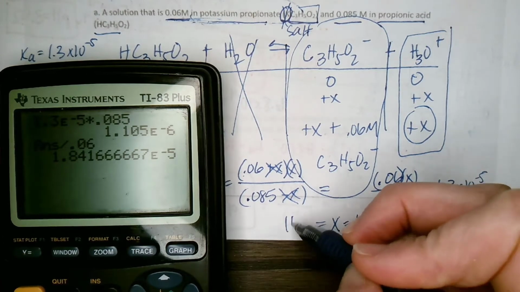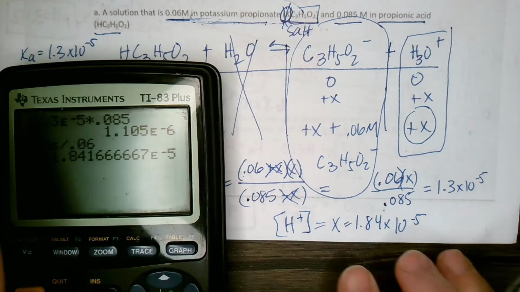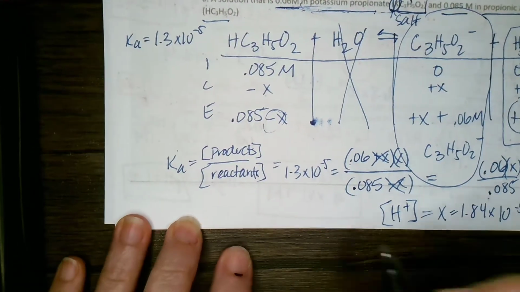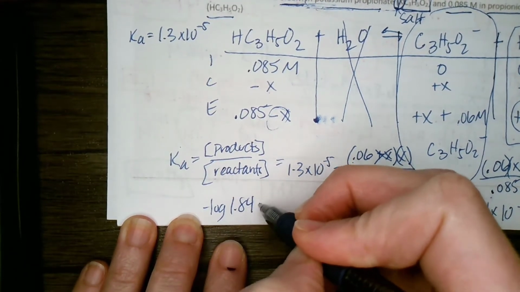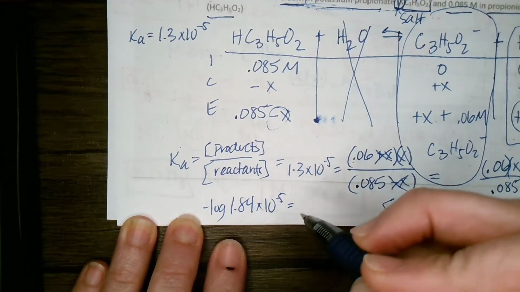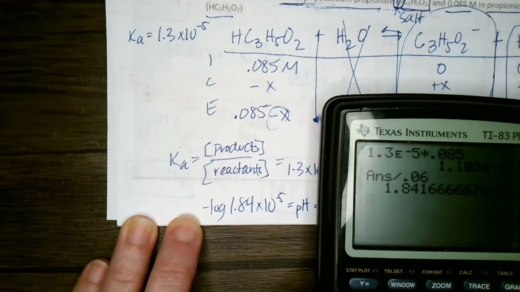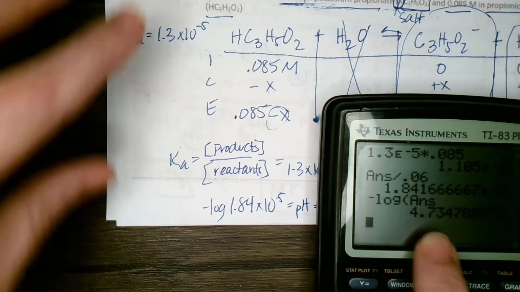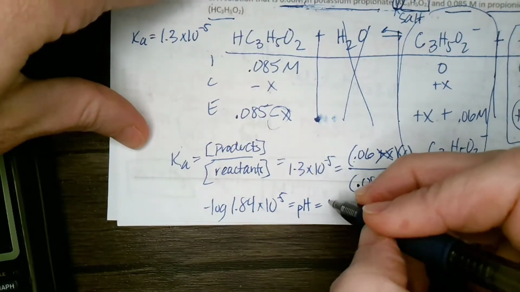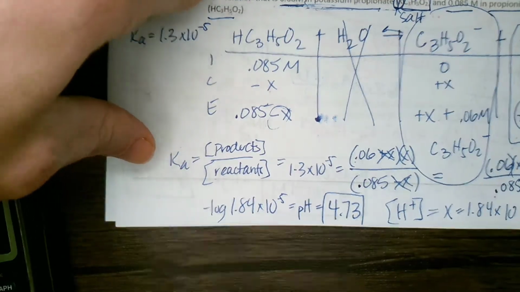And we know to find the pH, we need to take the negative log of my H plus concentration. So I'm going to move this over here and do the negative log of 1.84 times 10 to the negative 5 to get our pH. So let's do the negative log of our answer, and we get a pH of 4.73.